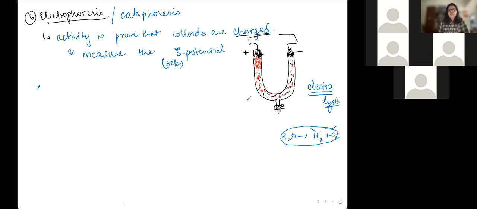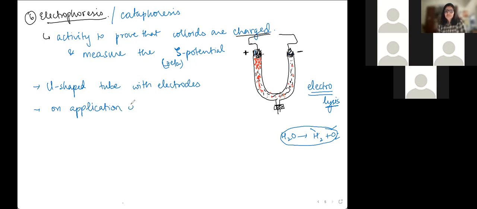Okay. So just to summarize this again, you have a U-shaped tube with electrodes fitted on the ends of the U. On application of electricity, the colloidal particles move towards the opposite one. Here I showed it near the positive, but depending on what charge the colloid itself has, it's going to move towards the opposite charge.